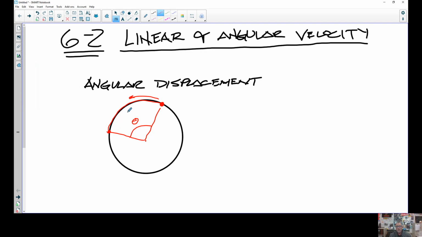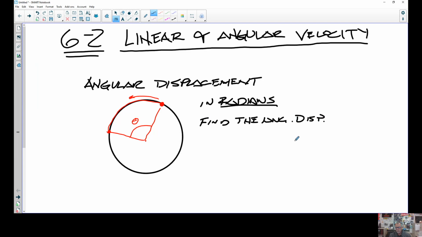So what does that look like? Well, if we wanted angular displacement, they could tell you something like this, and we're going to work in radians here, guys. Everything we do here is in radians, because you're going to find radians have that relationship with lengths and distances. So in radians, find the angular displacement of 3.5 revolutions.